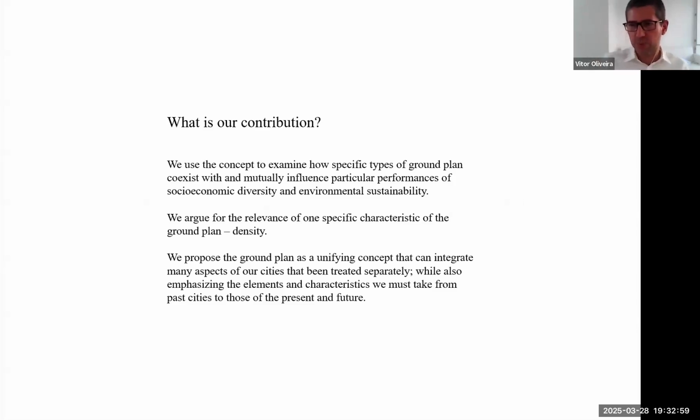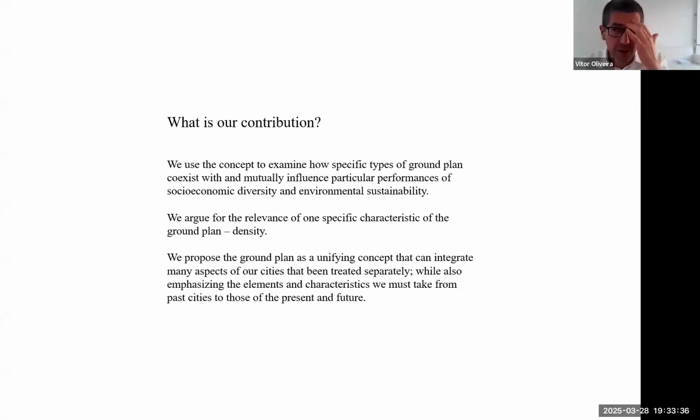So why a book that, 65 years after the conception by Conzen, is going again back to this concept? For the first time, the concept is used here to examine how specific types of ground plan coexist and mutually influence particular performances of socioeconomic diversity and environmental sustainability.